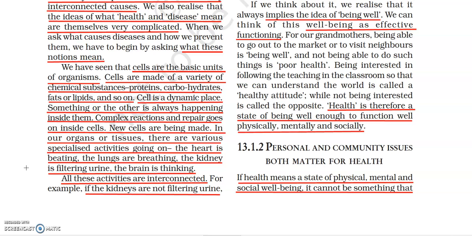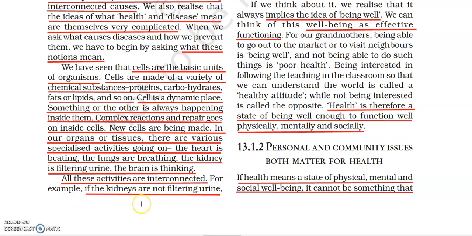I can put my thinking into words and speak, right? So all these activities go on simultaneously and they are interconnected, of course, because I can read, I can think, that's why I can speak. And because I can speak, I can actually explain this lesson to you. So whatever activity is going on in our body, they all are interconnected, all right?